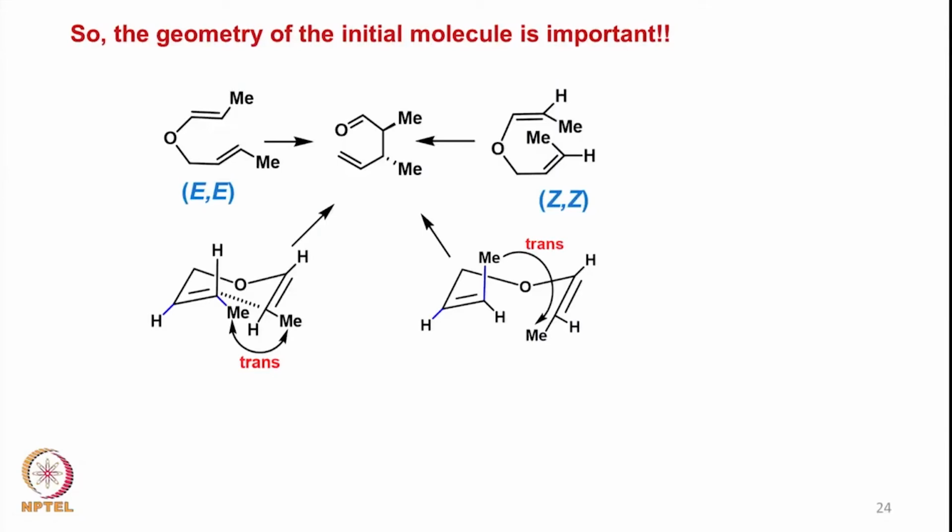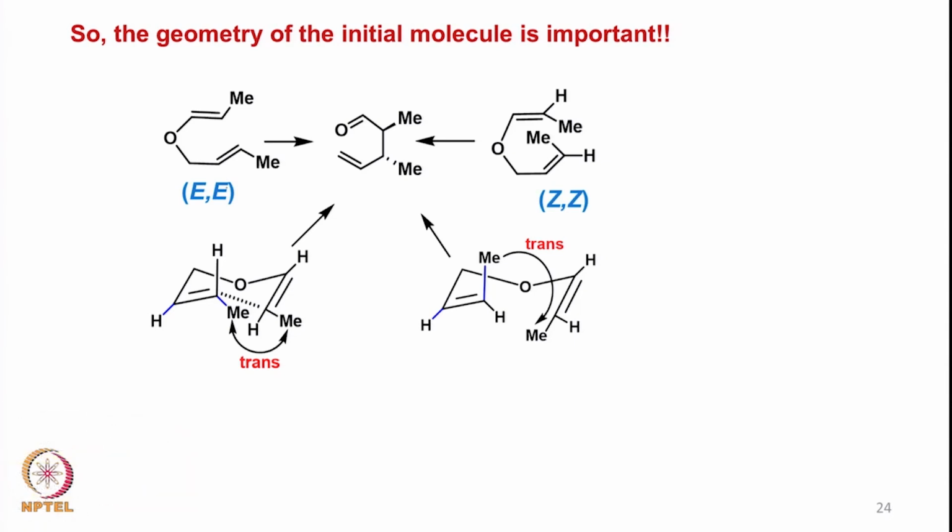Now we are looking at this slightly differently here, without taking the absolute configuration into the picture. If we take the allyl vinyl ether, the Claisen rearrangement starting material like this for example, then we can look at it in a slightly different way and see how it happens.